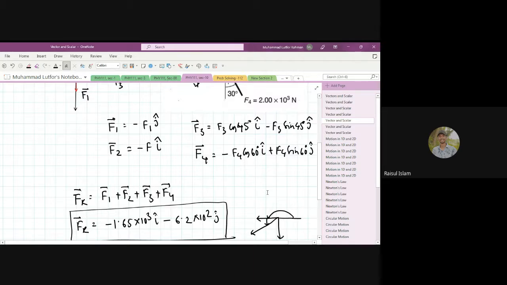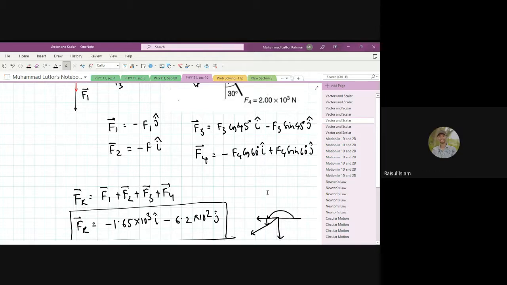Yeah, definitely, because four forces are acting over there. If I want to find out the resultant vector, I have to add all of them. Okay, sir. If you want to find out the resultant, definitely you have to add all of them. Probably you are talking about why we add four at a time, right? Is that your question?